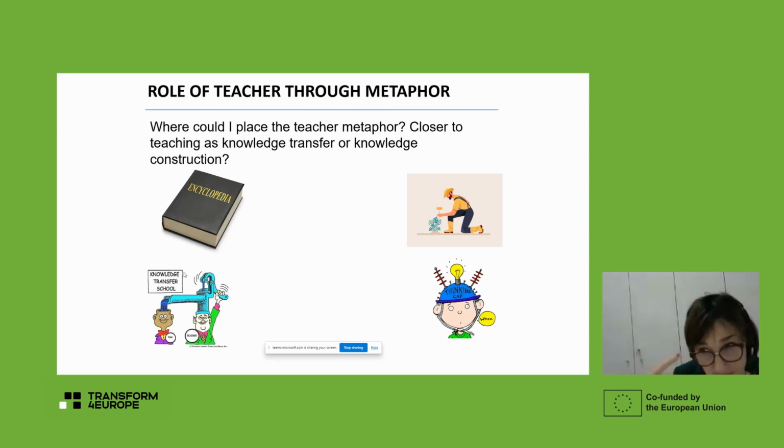But the coach can also be seen from a different dimension, somebody who is a motivator. So all these metaphors just help us get to the idea of how we see ourselves as university teachers. And this is what I would really like you to try and imagine. So my metaphor is here. How can I make sense of this? Why did I think of this metaphor first? And reflect on the process.